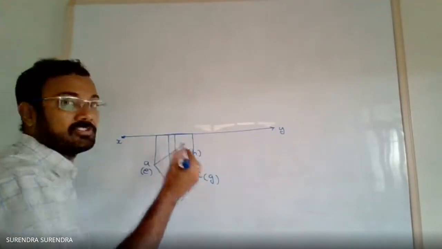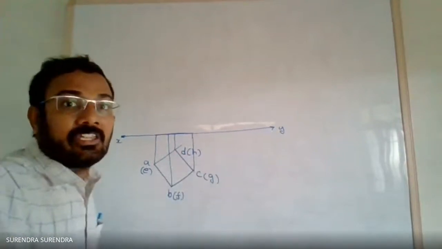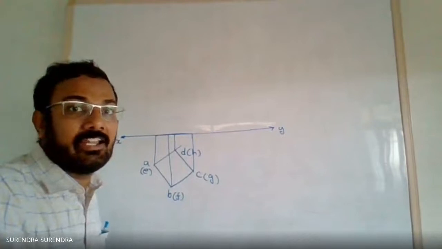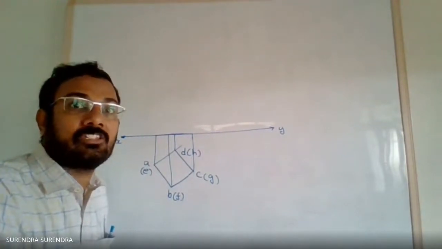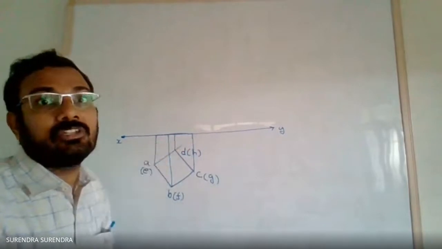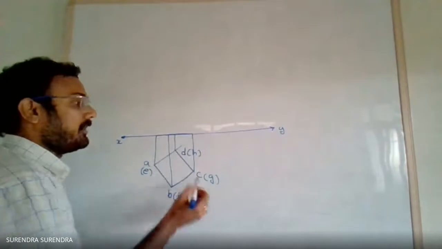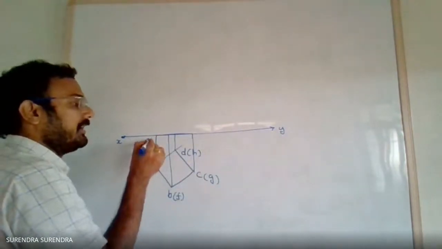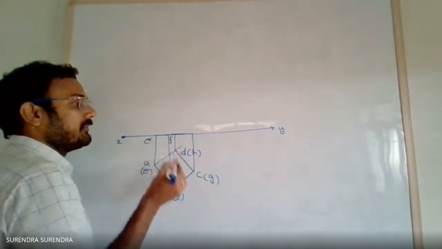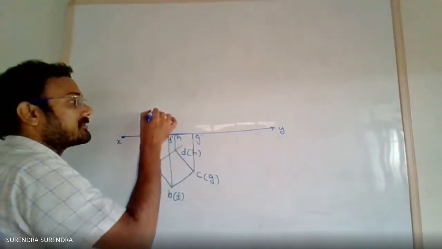So while drawing the top view, we assume that A, B, C, D are visible and E, F, G, H are hidden. So it implies E, F, G, H are the points on the base, which is resting on the ground, and A, B, C, D are on the top. So mark the points E dash, F dash, G dash, and H dash.